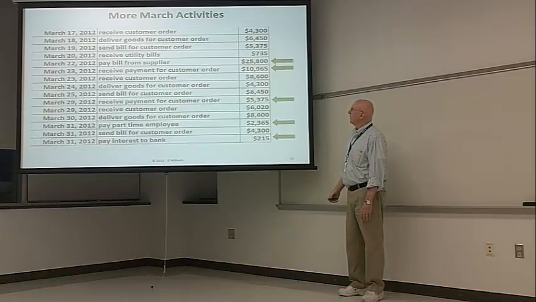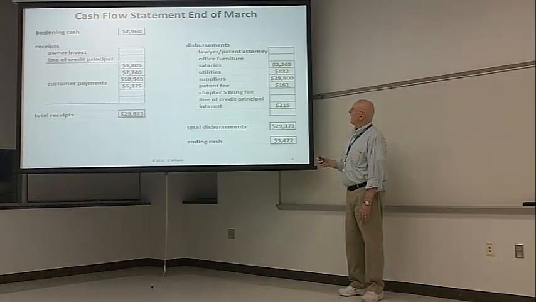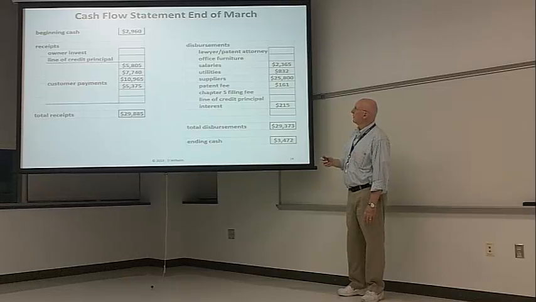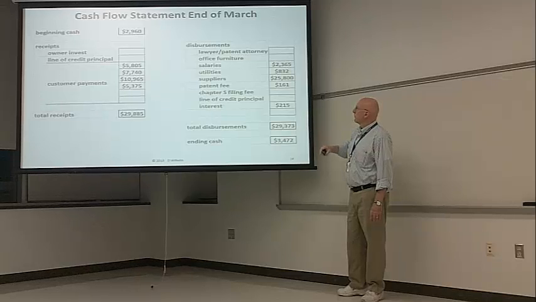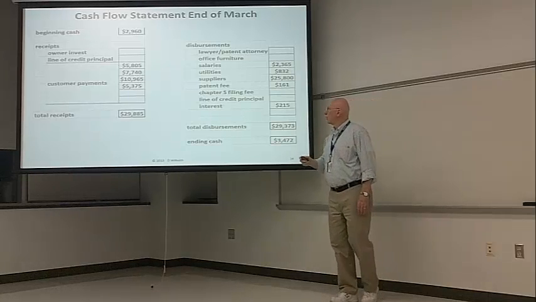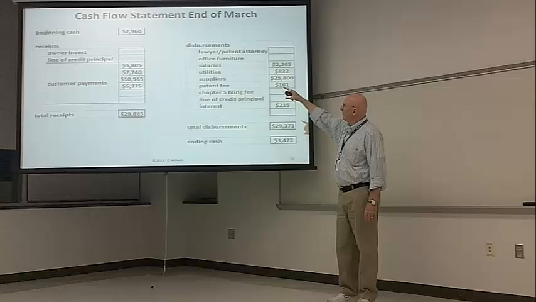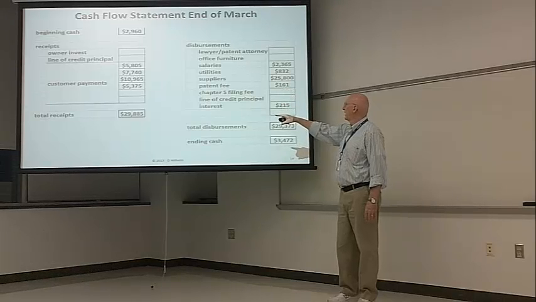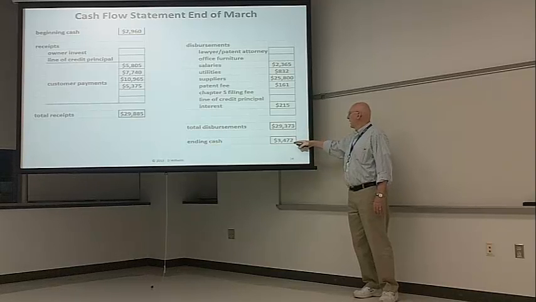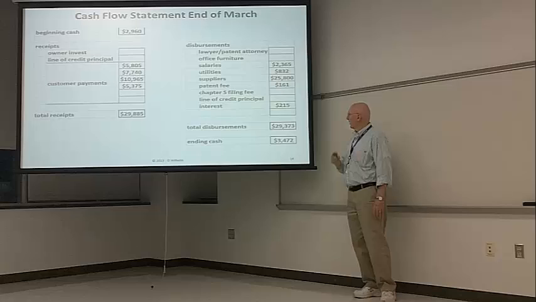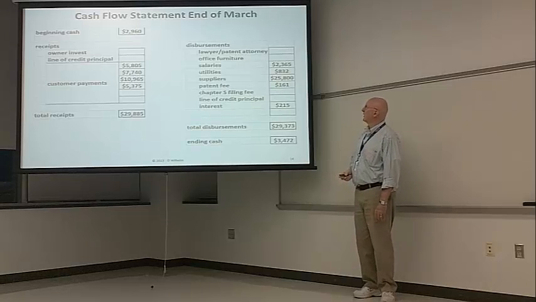And after this month, our cash flow statement through the end of March looks like this. $29.60 plus $29,885 minus $29,373, so we've got $3,472 left at the end of March.